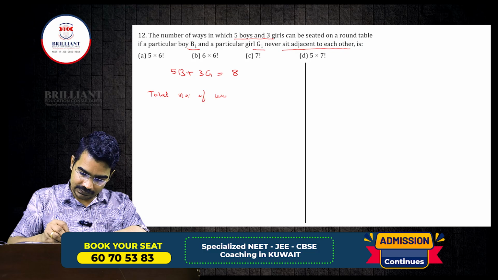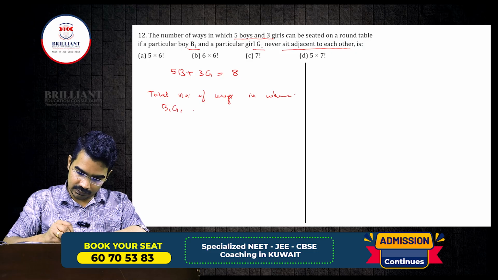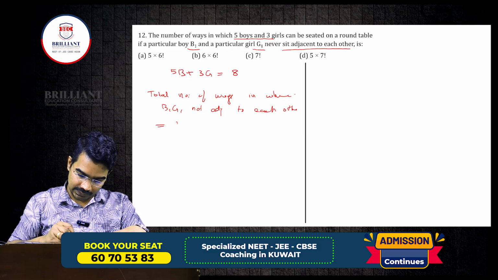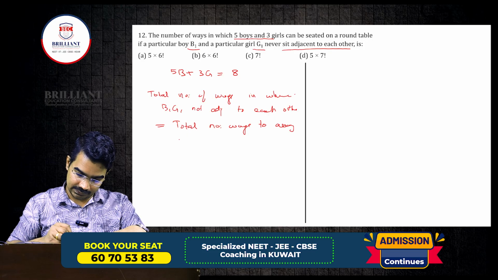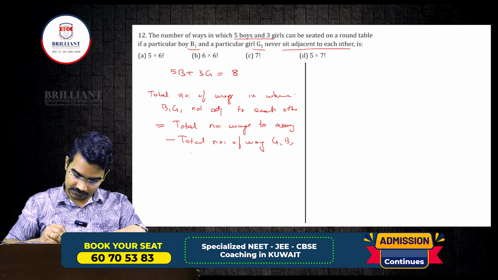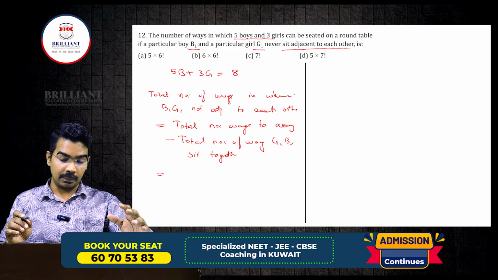So the total number of ways in which B1 and G1 are not adjacent to each other is equal to the total number of ways to arrange, minus the total number of ways G1 and B1 sit together. How do we find the total number of ways we can arrange 8 people around a round table?